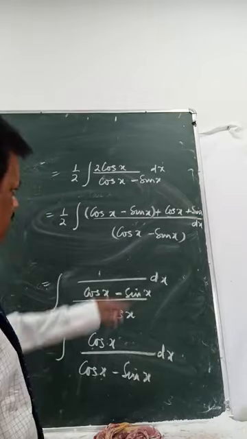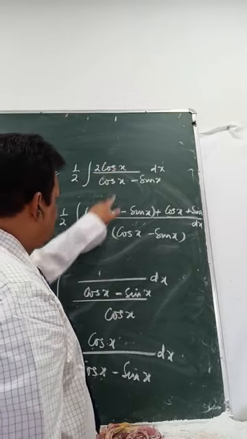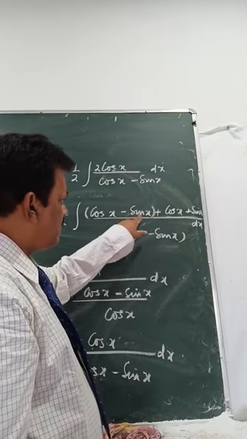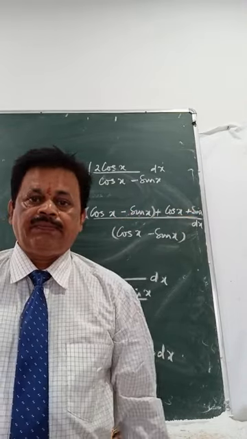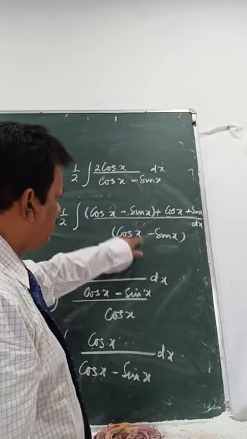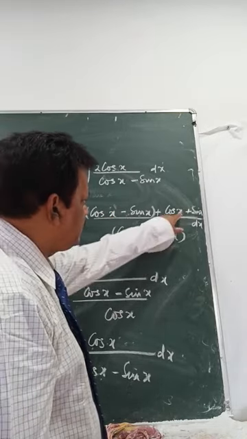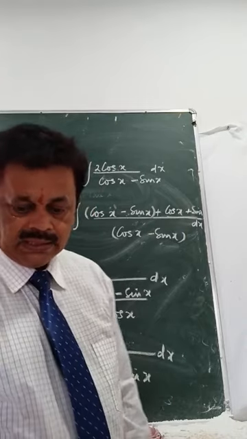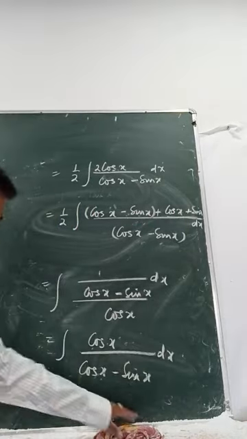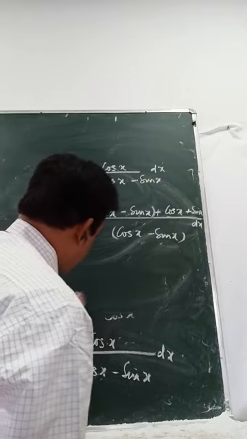Now look at here. This 2 cos x, I have written cos and cos. Then I have subtracted 1 sin x, and I have added 1 sin x. So why? Now when I divide individually, this will be cancelled. Now its derivative will be this one. This creation, sometimes we have to remember. Otherwise it will not be possible.